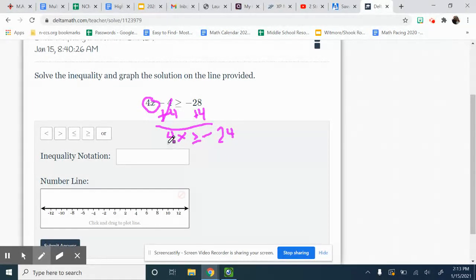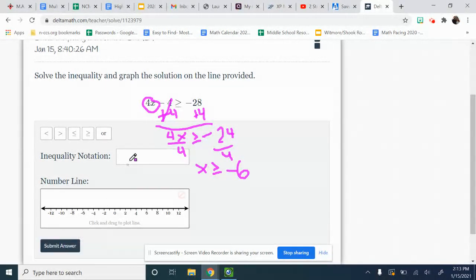Now, how do you undo 4 times x? We'll divide by 4 on both sides. And we're going to be left with x is greater than or equal to a negative divided by a positive is a negative, 24 divided by 4 is going to give me 6. So my answer is x is greater than or equal to negative 6.